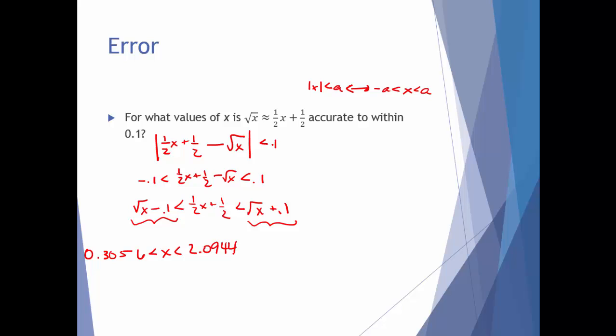Now you can do that on your TI calculator as well, but that's how we're going to solve this. It's approximate, but it gives us a good idea as to how far away from 1 our x value can be and still be accurate to within 0.1.